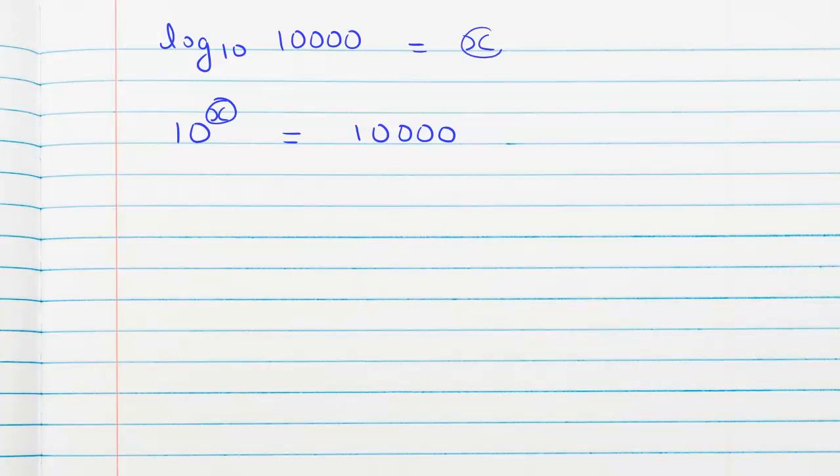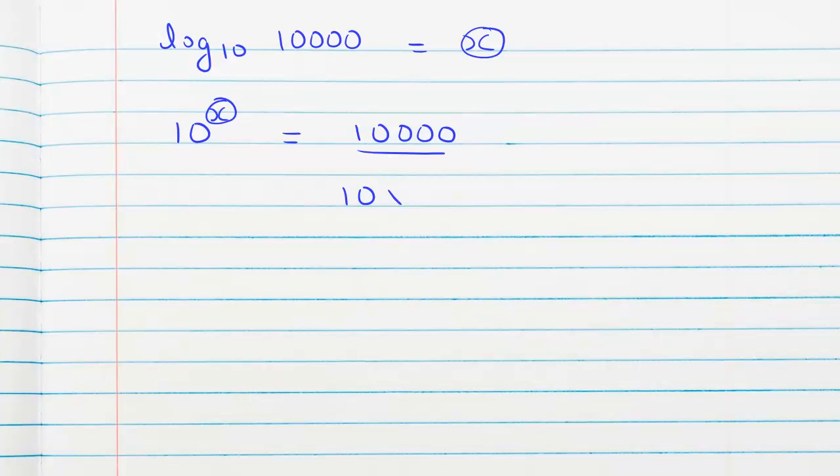Let's write another problem. Let's say we have log base 10 of 10,000 is equal to x, or we can write it in the same way: 10 to the power x, we get 10,000. So what number goes here that we get 10,000? Let's see.